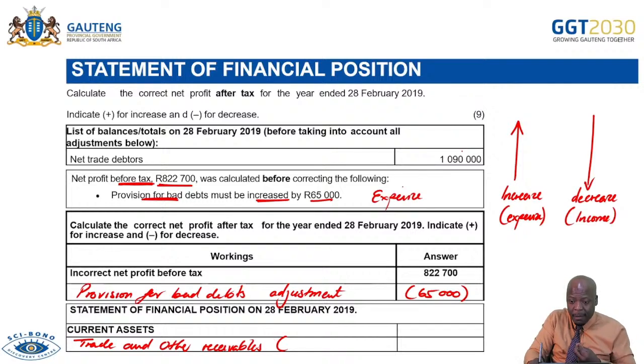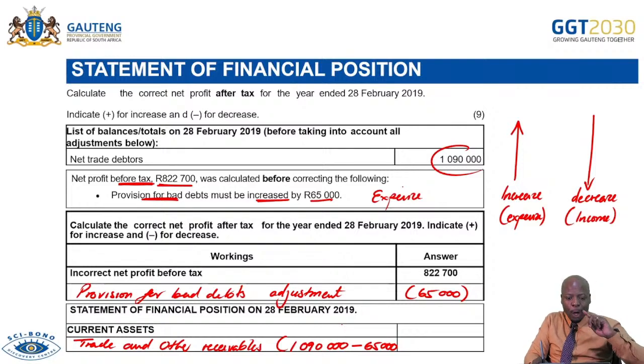Then I take my 1,090,000. What is my next step? To come and subtract, because this is a provision for bad debts amount that is increased. That simply means my debtors control amount is going to decrease. I subtract that 65,000. Are we together? Okay, so I've adjusted it in the correct net profit calculation as well as in the statement of financial position. Two places I have adjusted that 65,000. Can I go on? Okay, all right.